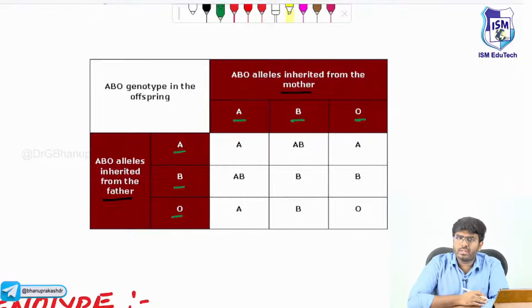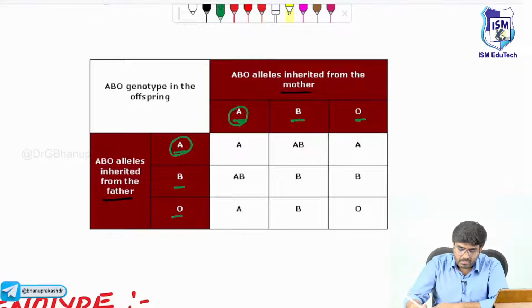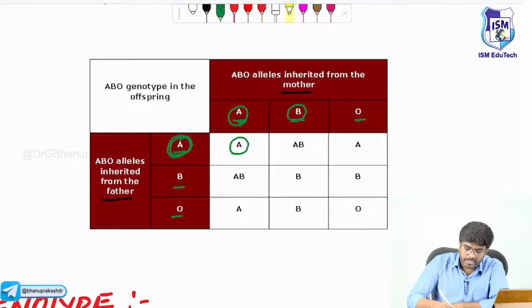Now, when this mother and father give rise to children, what are the combinations possible? Look here. When the father is A and mother is A, the children will be definitely A. Now, father is A blood group, mother is B blood group.